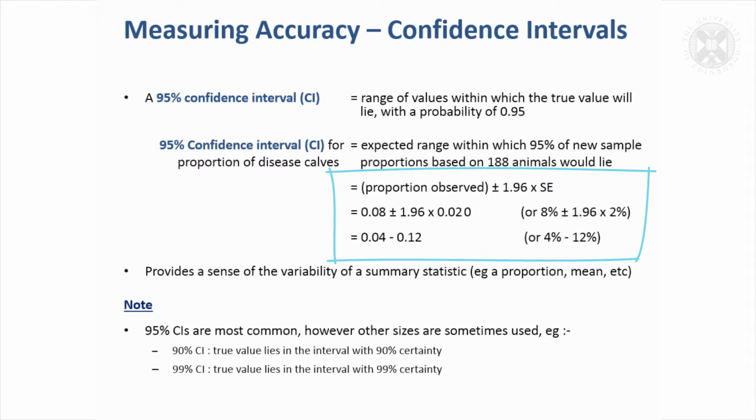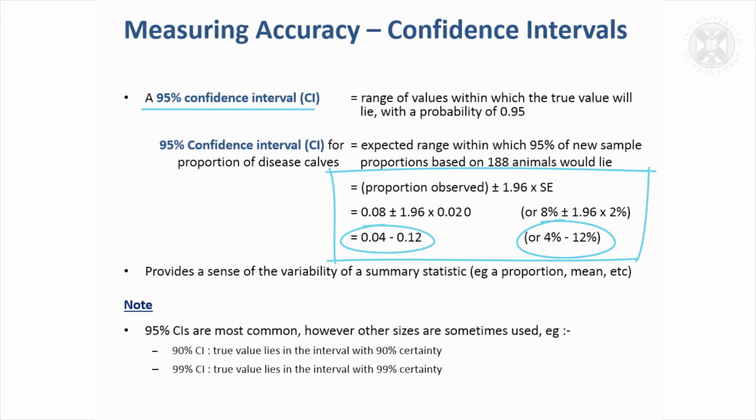And if we put our proportion of 0.08 and the standard error of 0.02 into that formulae, we get a confidence interval of 0.04 up to 0.12, or in a way more easy to understand, from 4% to 12%. So that's the 95% confidence interval for our proportion of diseased calves.